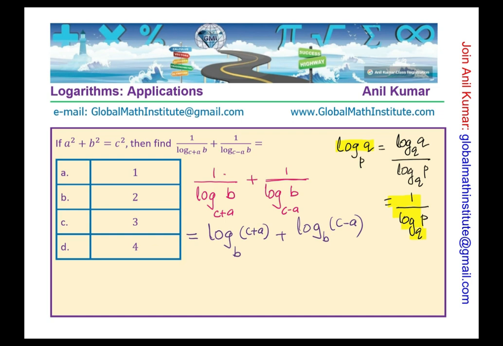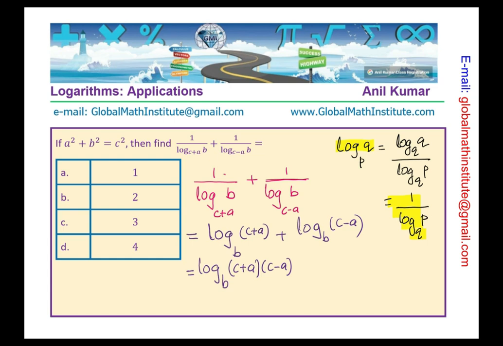So you got the same base. Now once you have the same base, you can apply the logarithmic laws. We have log to the base b of what? Multiply them, right? So c plus a times c minus a, which is log to the base b of c squared minus a squared, correct?